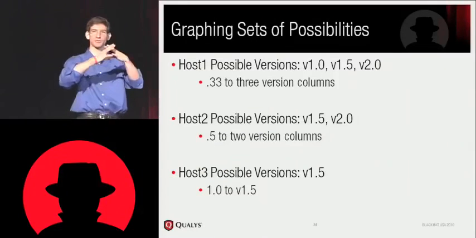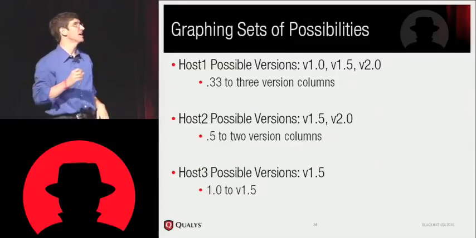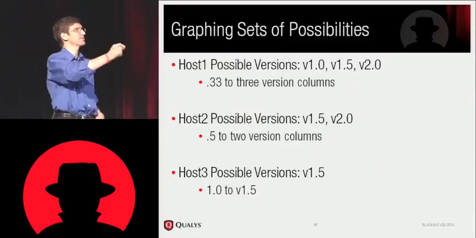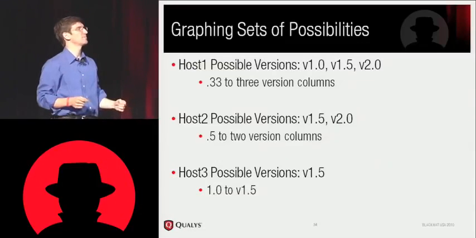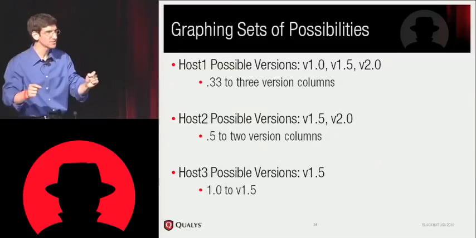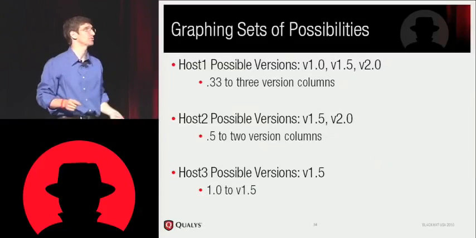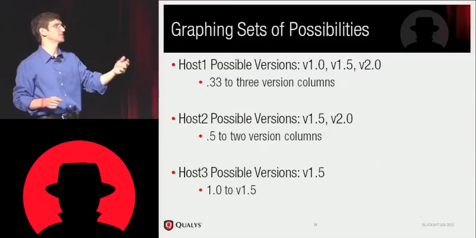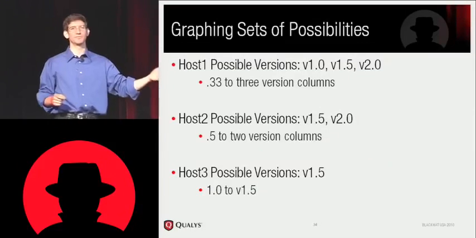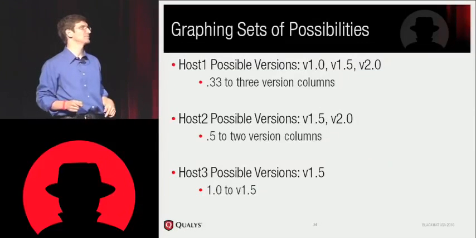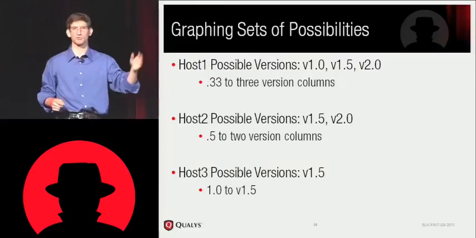So remember, we're talking about sets of possibilities. If we fingerprinted host 1, and got back, we can't pin it down specifically, but we know that it's running one of these 3 versions. Then each of those columns gets 0.33. We go and fingerprint host 2, and we say the possible versions are 1.5 or 2.0.